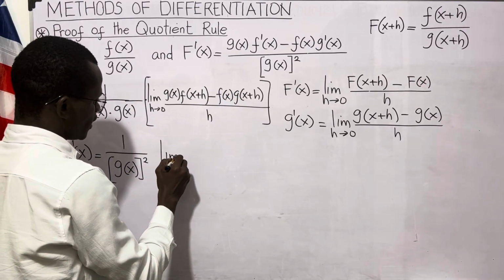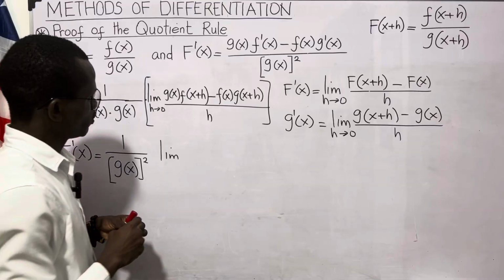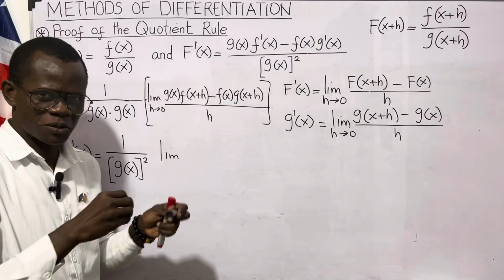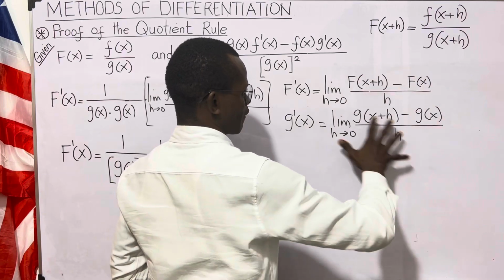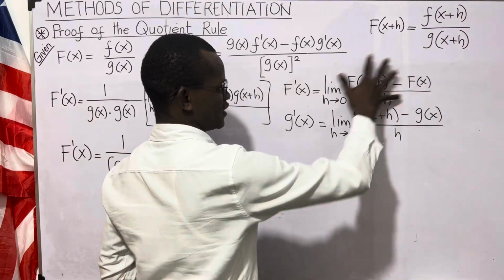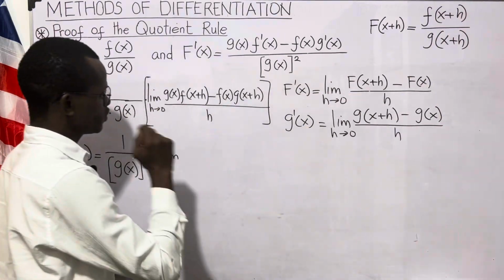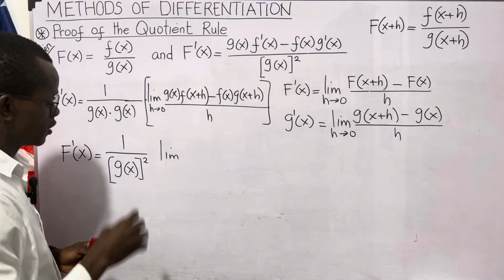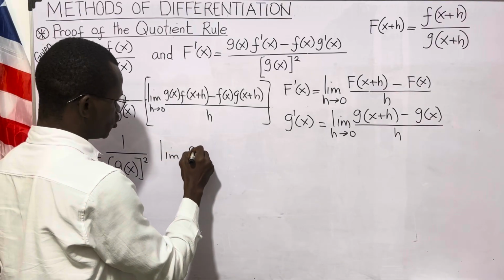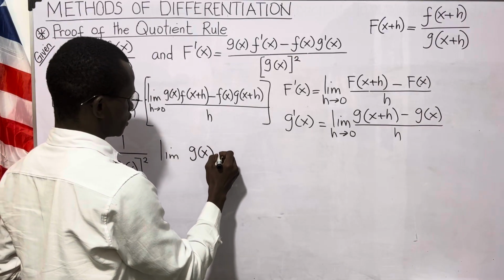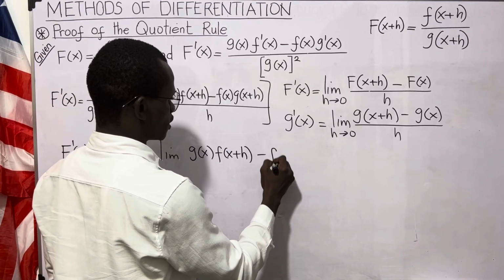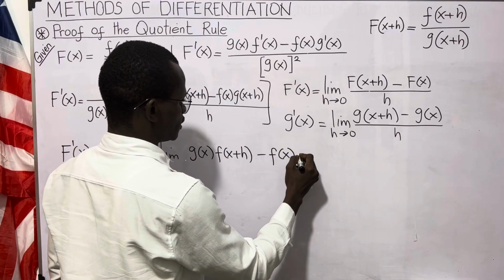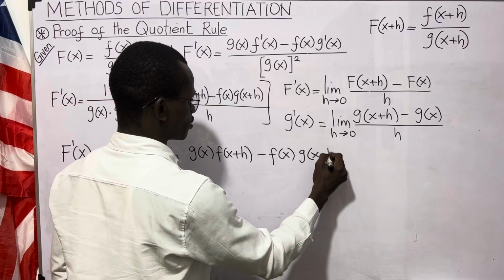What we want to do here is apply some tricks such that we can arrive at this definition. So we say g of x times f of x plus h minus f of x times g of x plus h.